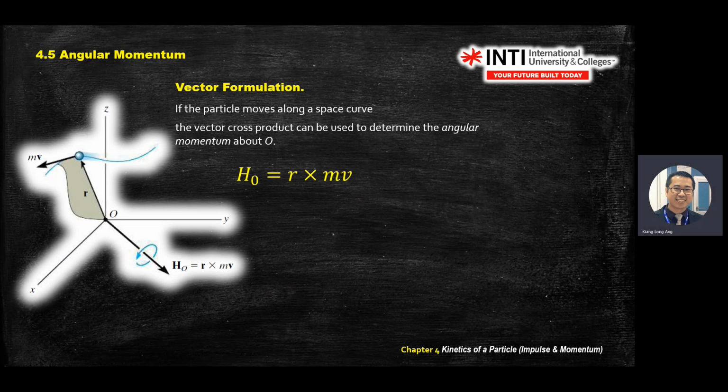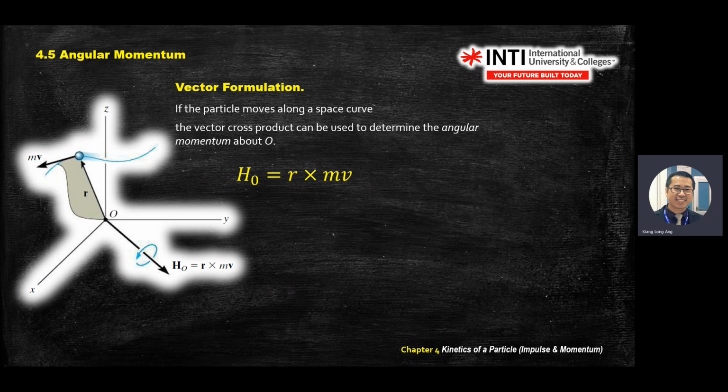So again, use the right hand rule. Where is the direction of your angular momentum? You take R crossed to the direction of your mv. So always your fingertips follow mv. The R and the mv form an arm, like a 90-degree arm.